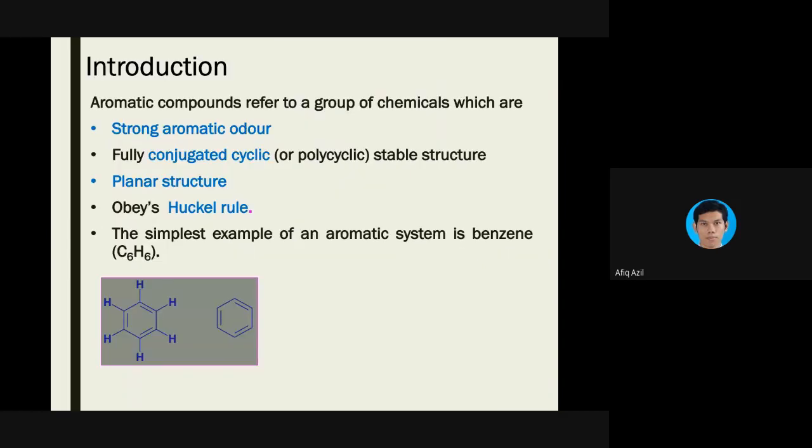For the introduction, first you need to know what an aromatic compound is, and how you are going to differentiate whether a compound is aromatic or not. The opposite of aromatic is aliphatic. I think you learned this last semester in your nomenclature topic, in chapter 2. One of the properties of aromatic compounds is that they have a very strong, aromatic odor.